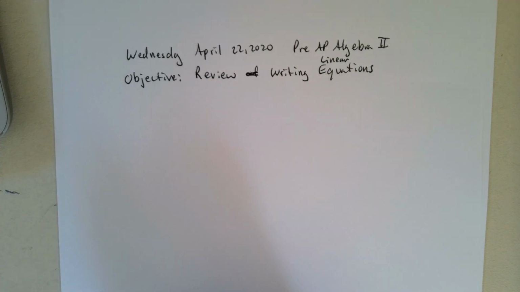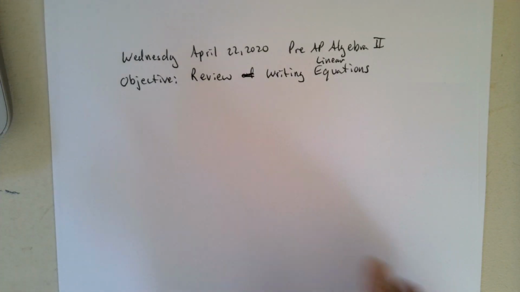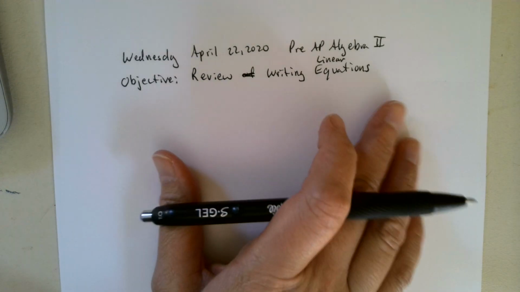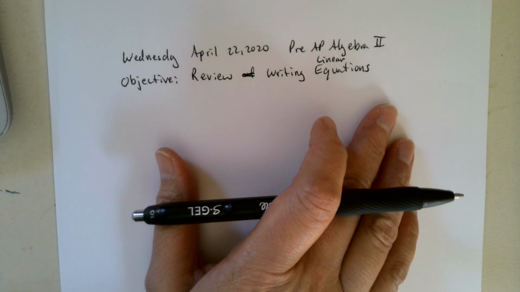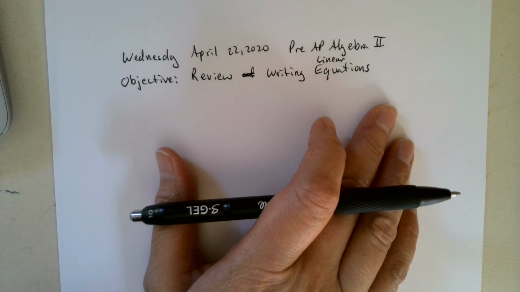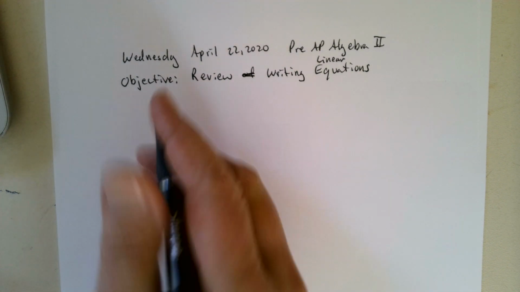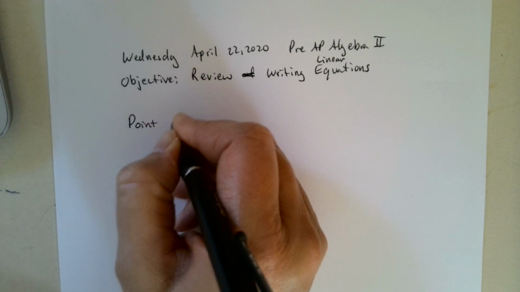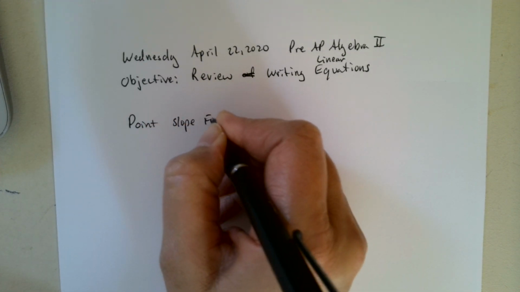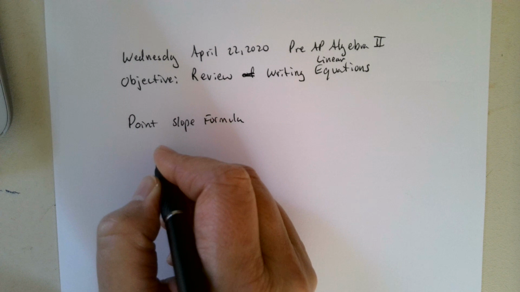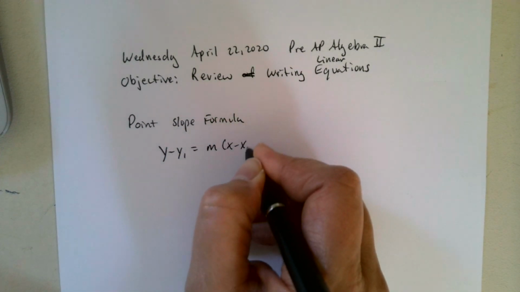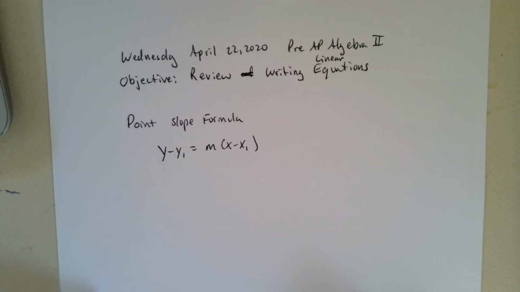Now, back when we did this in probably September, a lot of you struggled with this piece right here. And again, this is on the ACT, and it is used in calculus all the time, believe it or not. When they want you to write linear equations, we are going to use the point-slope formula. As we talked about back in September, this equation is a variation of the slope formula.